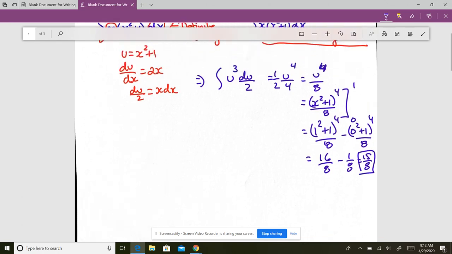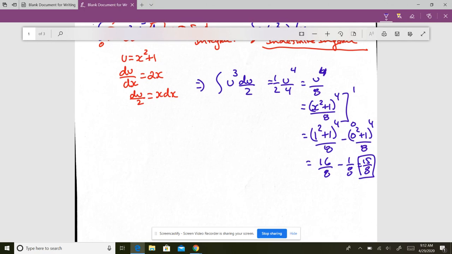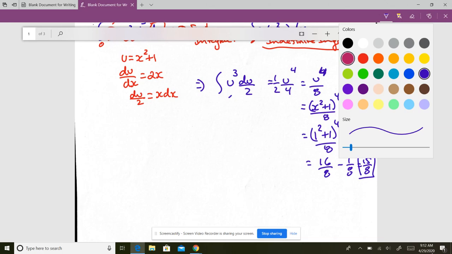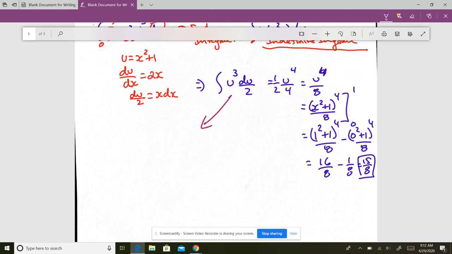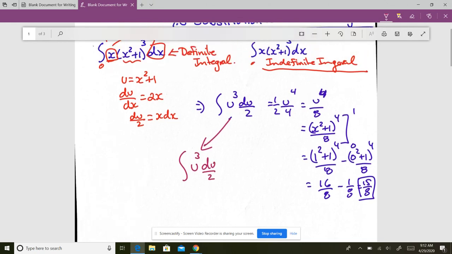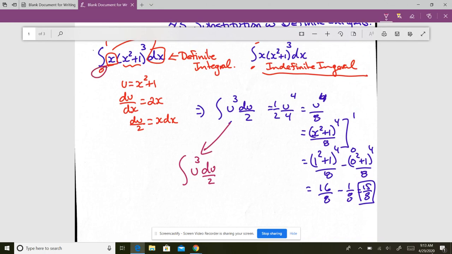It's not wrong, but it gets a bit long because you're subbing back in and then plugging in the numbers. The alternative way is when you get to this point right here, into du over 2, I can use these as my x's and plug them in to solve for u and get new upper and lower bounds. So when x equals 0, u is equal to 0 squared plus 1, so u is equal to 1. That's my lower bound.